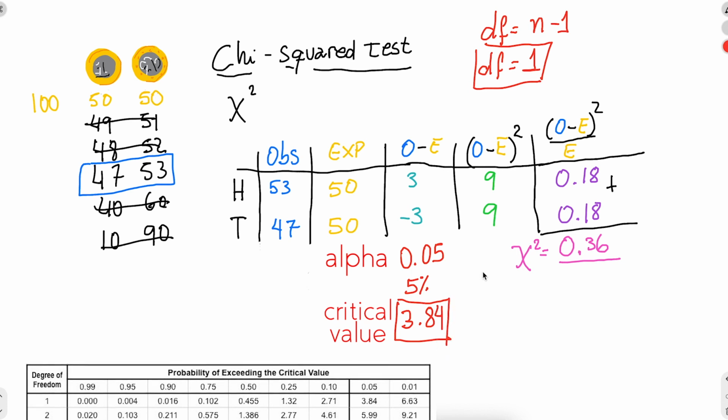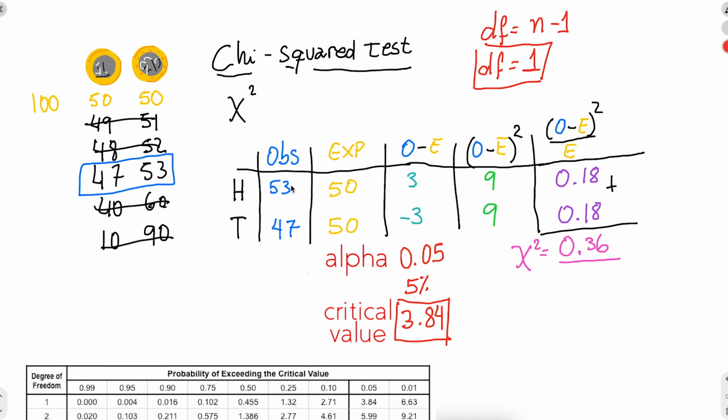If your chi-square value is larger than 3.84, then you reject your expected values. You reject that the distribution you see is just random.